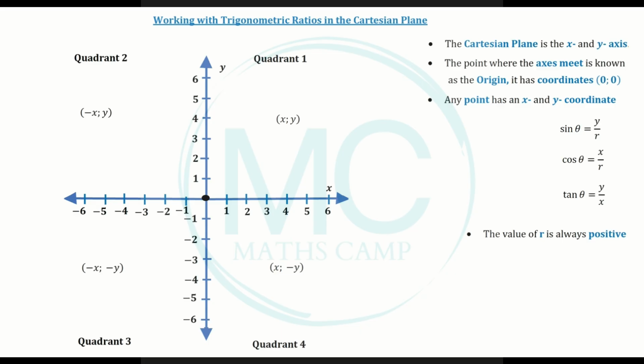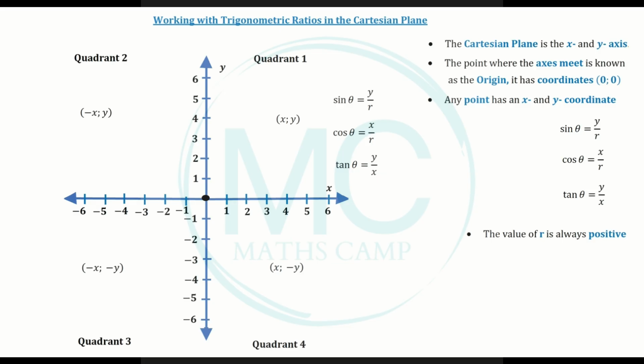In quadrant 1, we already know that sine theta is equal to y over r, cosine theta is equal to x over r, and tan theta is equal to y over x. All of our ratios are positive if we are working with an angle in quadrant 1. In quadrant 2, the x-coordinate is negative and the y-coordinate is positive.